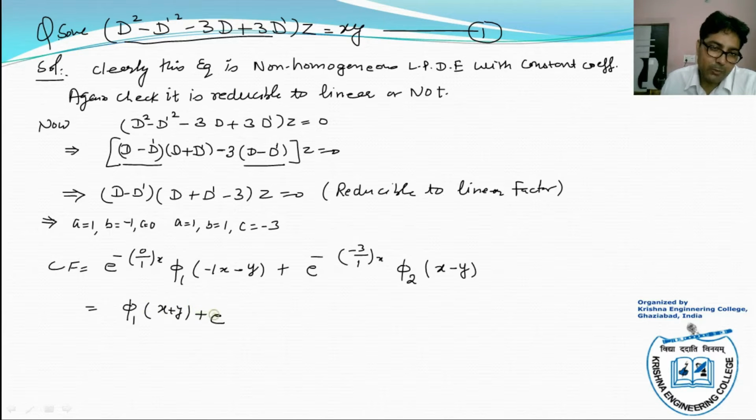Clear? Plus e to the power plus 3x phi 2(x minus y). This is the CF for this equation.